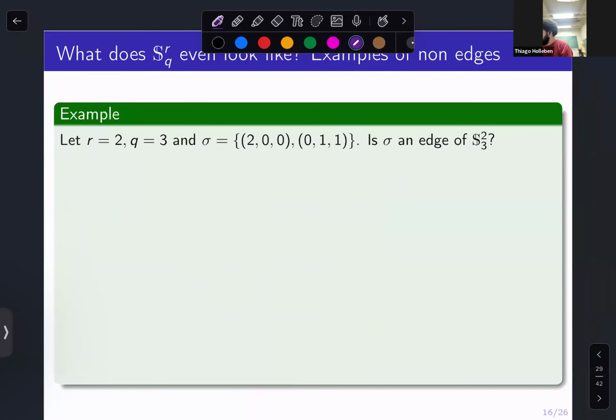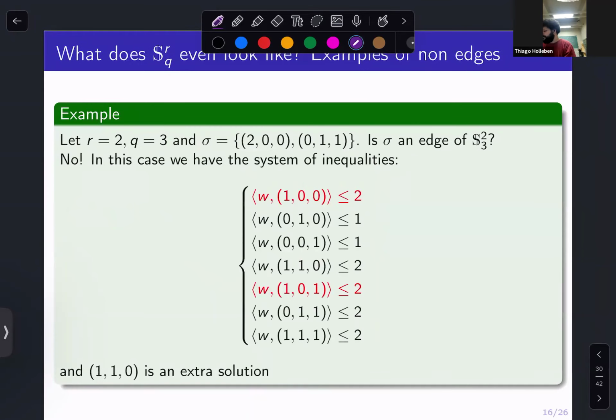Now let's do an example where we don't have a phase. So now we're going to do the vector 2, 0, 0, and the vector 0, 1, 1. And this is what we have. It's similar inequalities, but the ones in red are the different ones, like this and this. And notice that the problem for the previous one changed. Now instead of being 1, it became 2.